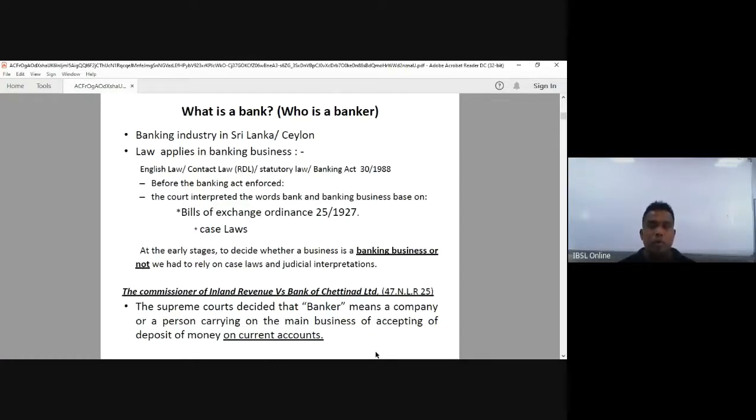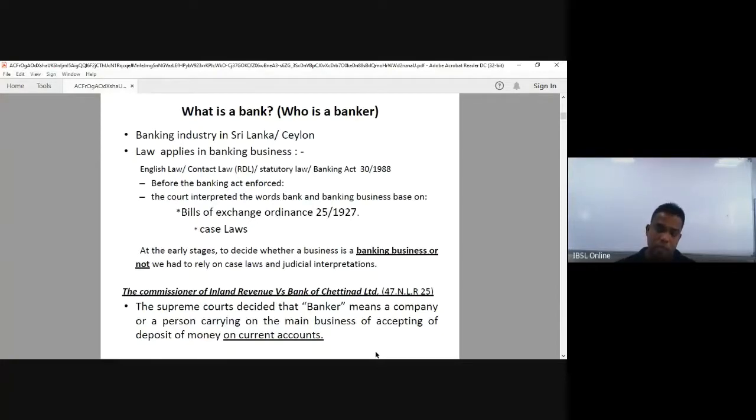Now, there's a dispute. The company says, I am a bank, I am doing banking business, therefore I am entitled to the tax concession. On the other hand, the Commissioner of Inland Revenue says, you are not a bank, you are only a finance company, so you are not entitled to the tax concession.